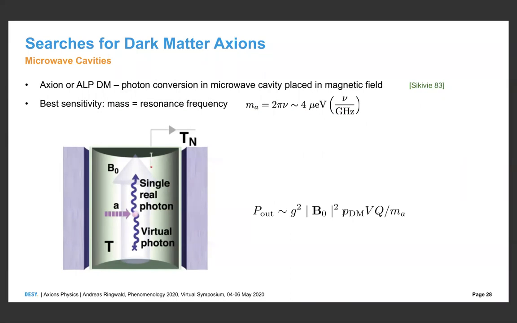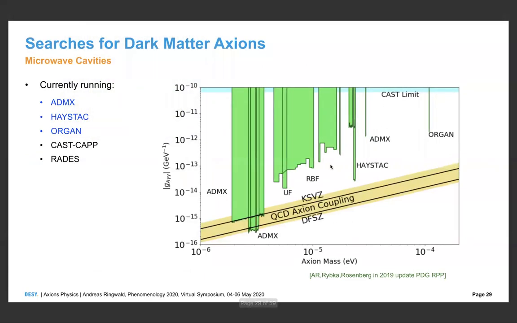Now, the classic experiments are based on microwave cavities placed in a magnetic field. Sikivie was proposing them, and this gives, from our recent update of the Particle Data Group review of particle physics, the limits which have been obtained now in the coupling to the photons versus the axion mass, and ADMX has really dug deep into the QCD axion predictions.